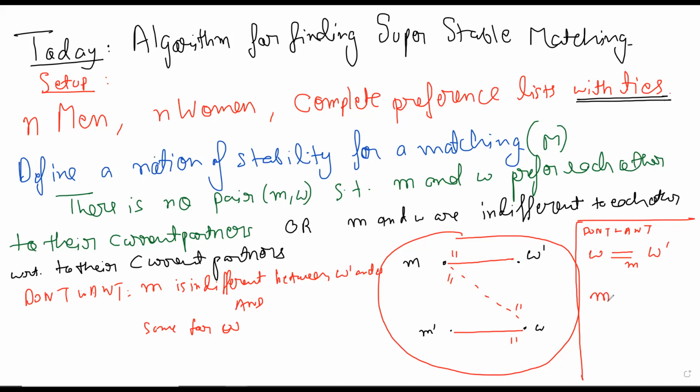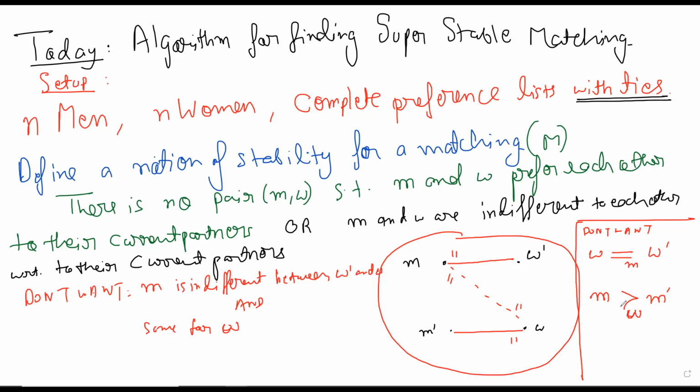Let me write that W prefers, so for W, M is better. So even if one person gets better off by leaving his or her current partner, and the other one does not lose anything, is indifferent, then this is also unstable.